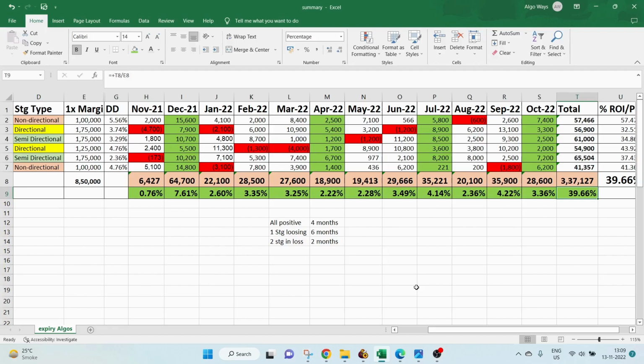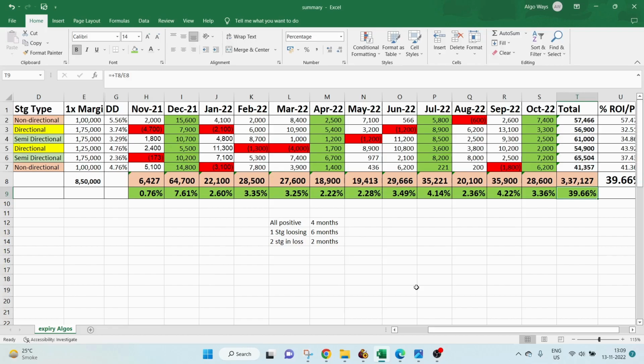So if we combine all these combinations of expiry algos, non-expiry NSE algos, and MCX algos, and to add to that a certain allocation to the CDS algos as well, then by meticulously allocating the amount in all these kind of algos, we can definitely maximize our return per month.